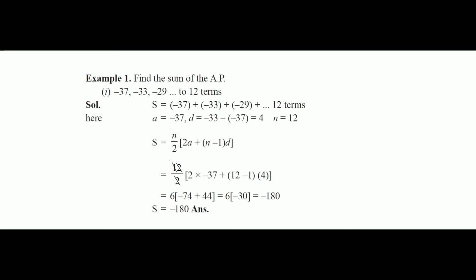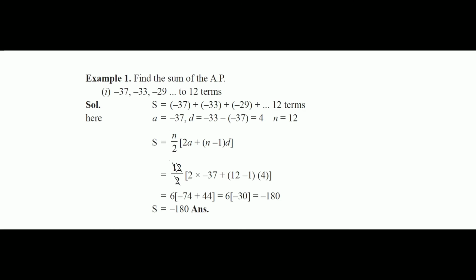Therefore we have 6 bracket minus 74 plus 44 equal to 6 into minus 30, taking the sign of the bigger term. 6 into minus 30 will be minus 180, and that is the value of capital S, the sum of 12 terms of the given question.